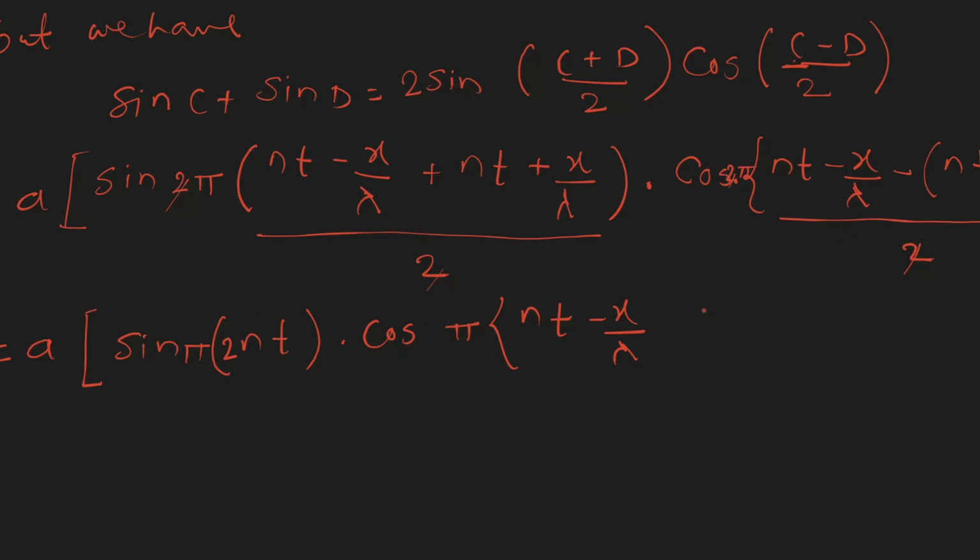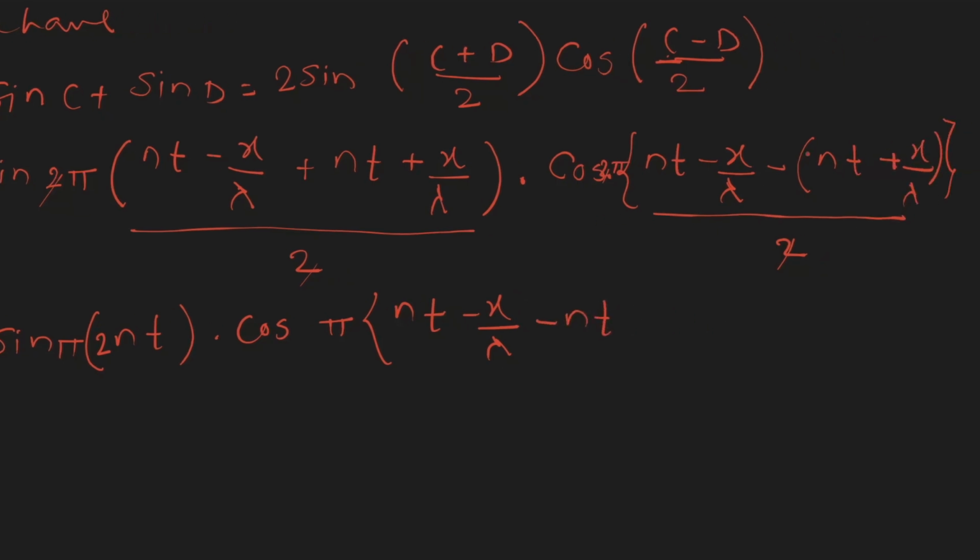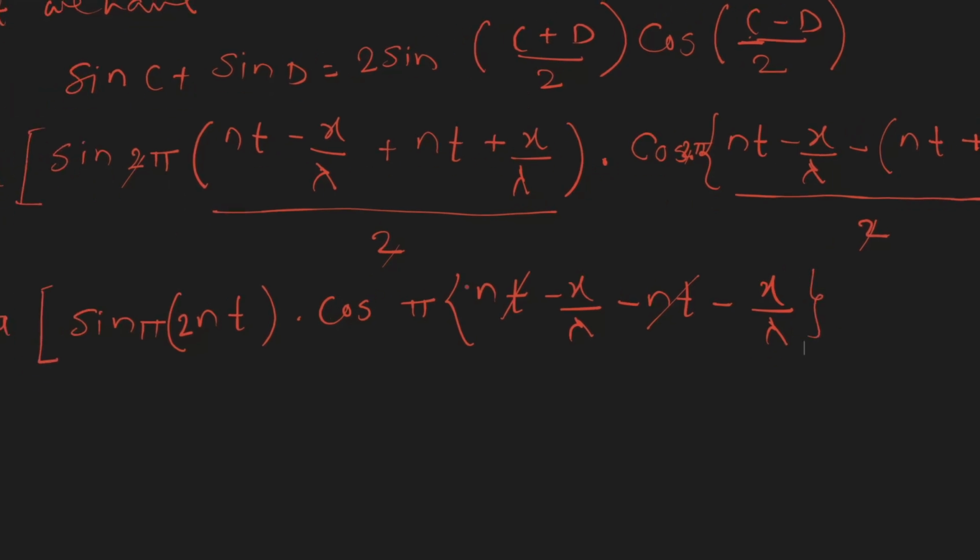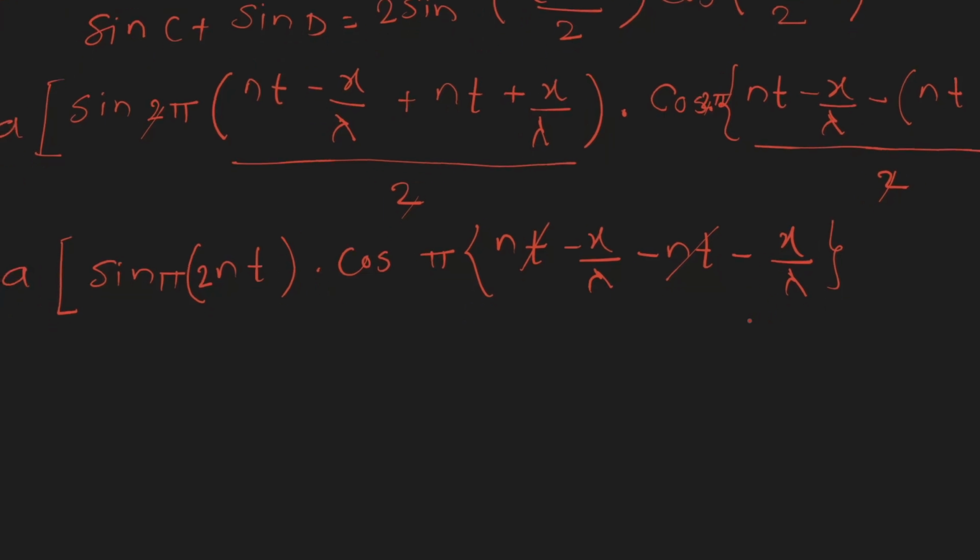Minus nt, because this minus sign goes inside the bracket, and this minus x upon lambda. What will be cancelled here? This nt cancels with this nt. What will be remaining? Minus 2 times x by lambda, therefore this will be 2 times x by lambda.